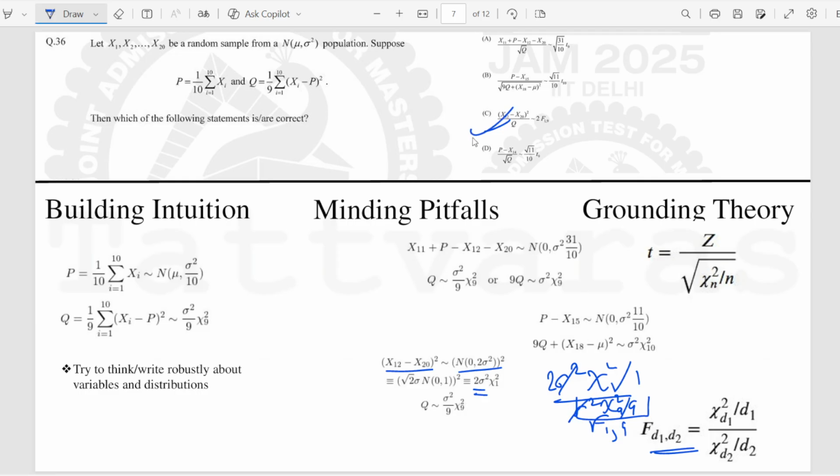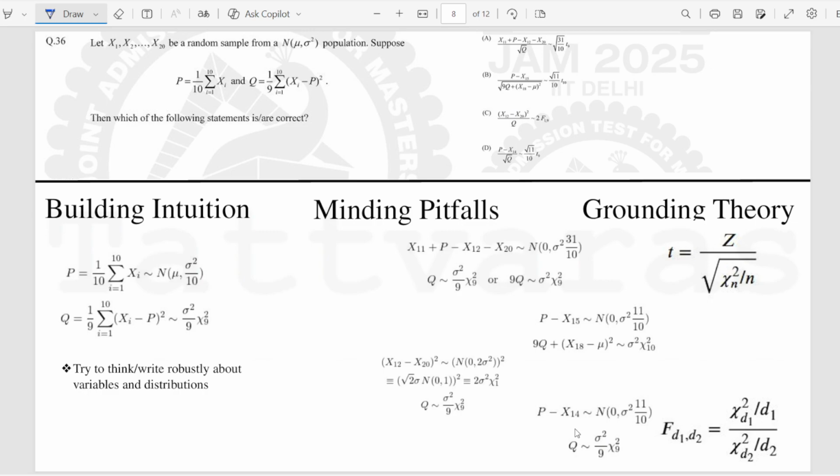And the last one, this thing is following this distribution, q we anyway know, so the ratio of these two is like normal 0 sigma square 11 by 10, and root over q is essentially root over sigma square chi square 9 scaled by 9. We can take the sigma square out, it becomes sigma.